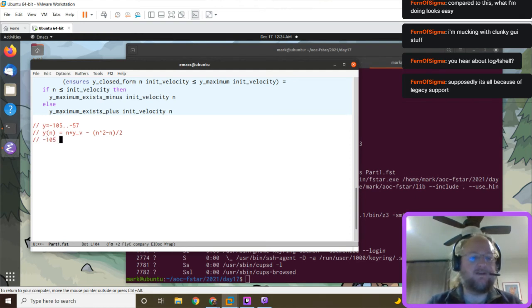So minus 105 less than or equal to that. That's equal to minus 57. So what does that look like?